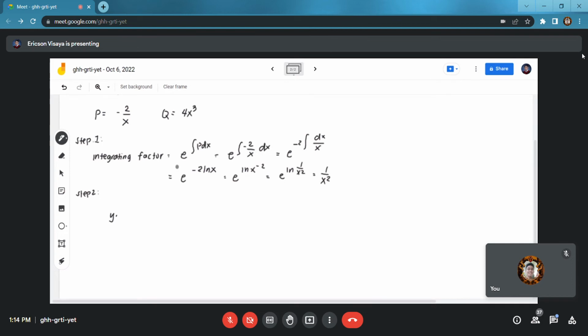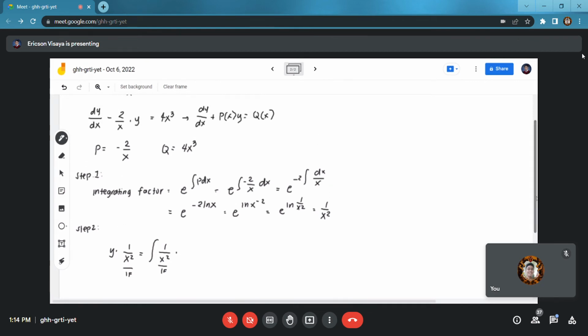Y times integrating factor 1 over x squared is equal to the integral of 1 over x squared, yung ating IF. Then, IF, multiply natin ng Q of x natin. So, alam naman natin Q of x natin ay 4x cubed plus c.